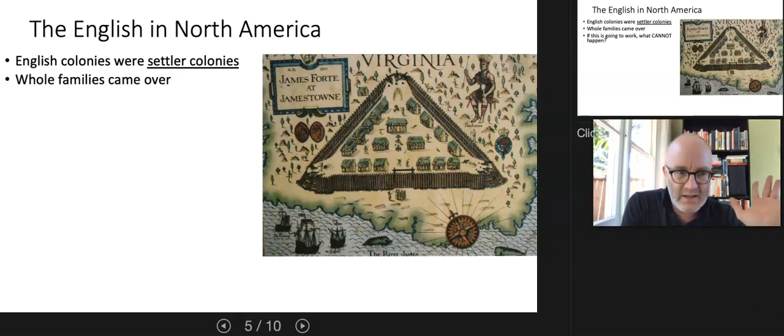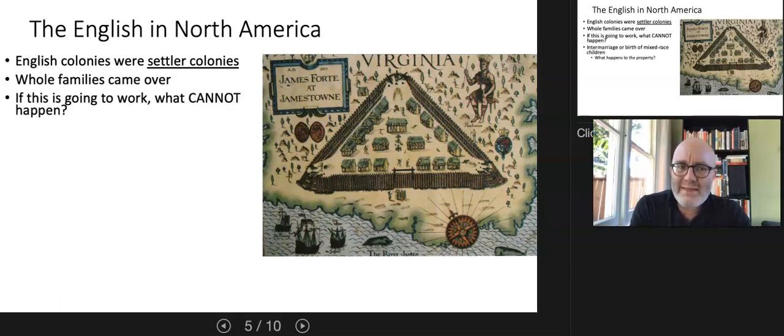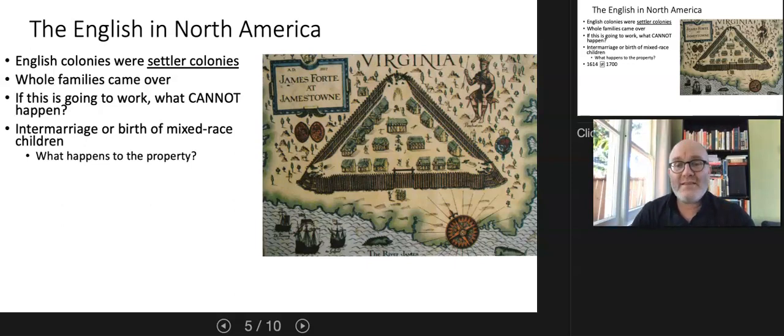New France and all of the colonies in the New World eventually become settler colonies, obviously. The thing with settler colonialism is you have to be very careful, because one thing cannot happen, and that is precisely what's happening in New France. That is the intermarriage with English and native people, native women primarily.